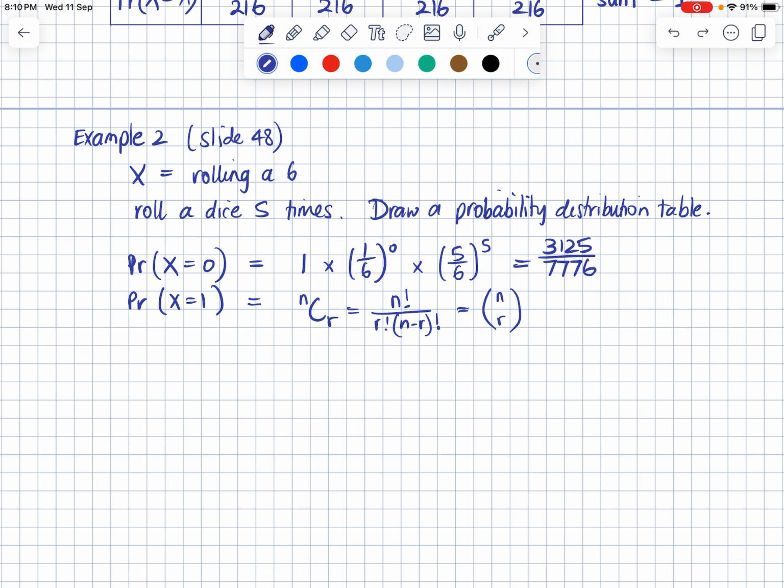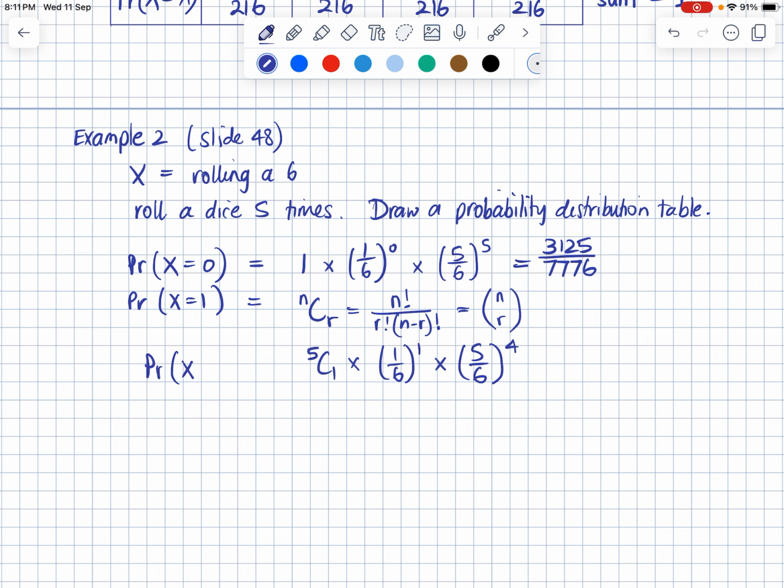Okay, so for our problem, we have 5 rolls, and we want to choose one of them to be a 6. The probability of getting a 6 is 1/6, so I want one of them. And the probability of not getting a 6 is 5/6, and I need 4 of them.